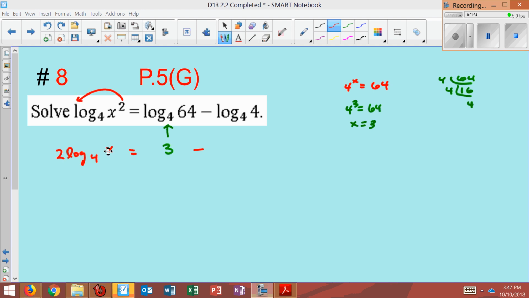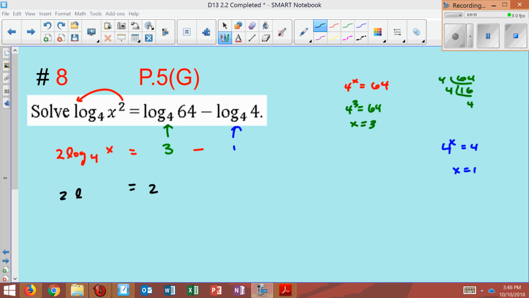So I'll have 2 log base 4 of x equals 3 minus, now this right here says 4 to what power gives me 4? Answer is 1. So x would equal 1 there. This is 1. So we have 3 minus 1, which is equal to 2.